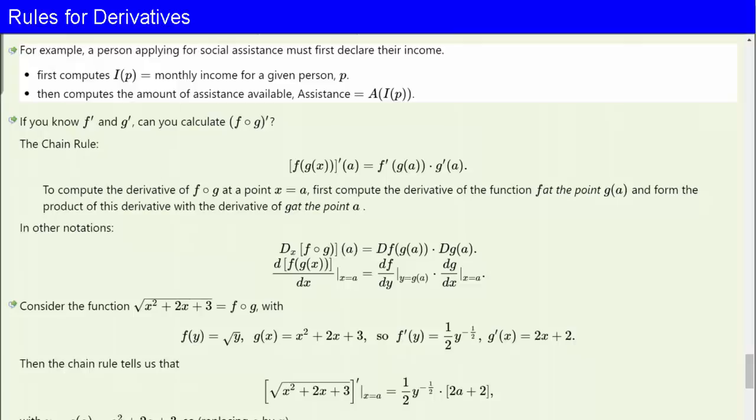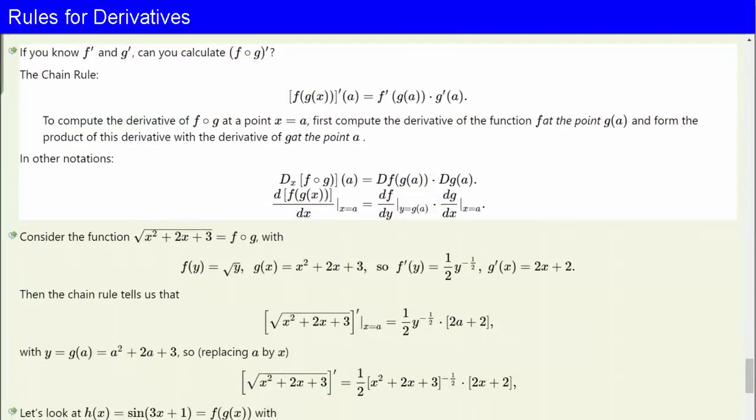The chain rule is the rule for differentiating a composite function. If you know f prime and g prime, can you calculate the derivative of f composition g? The answer is that the derivative of f of g of x at a is f prime at the point g of a times g prime at a.